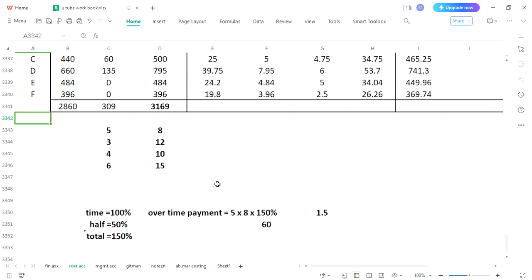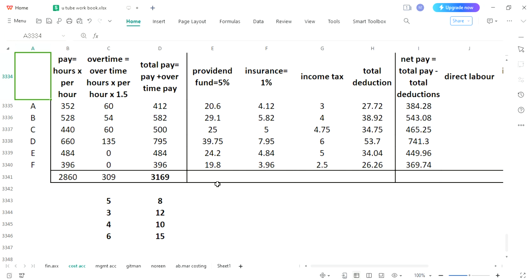Now I will let you understand why it's a little bit time consuming. Here you have included 44 hours and you haven't included any term of overtime. But since one means 100%, this overtime was meant to be added over here at 100% and only 50% was required to be written over here.